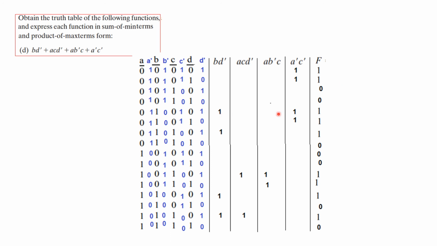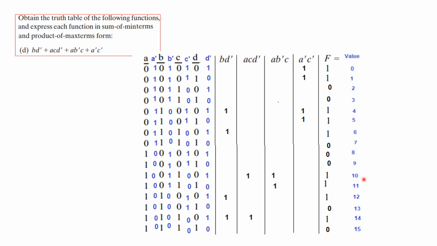Here 2 1s, so 1. 1, so 1. This is 1, so 1. These 2 are 1, so 1. 1, so answer 1. 1, so answer 1. And 1, so answer 1. And remaining terms we put zeros. So this is the final shape.